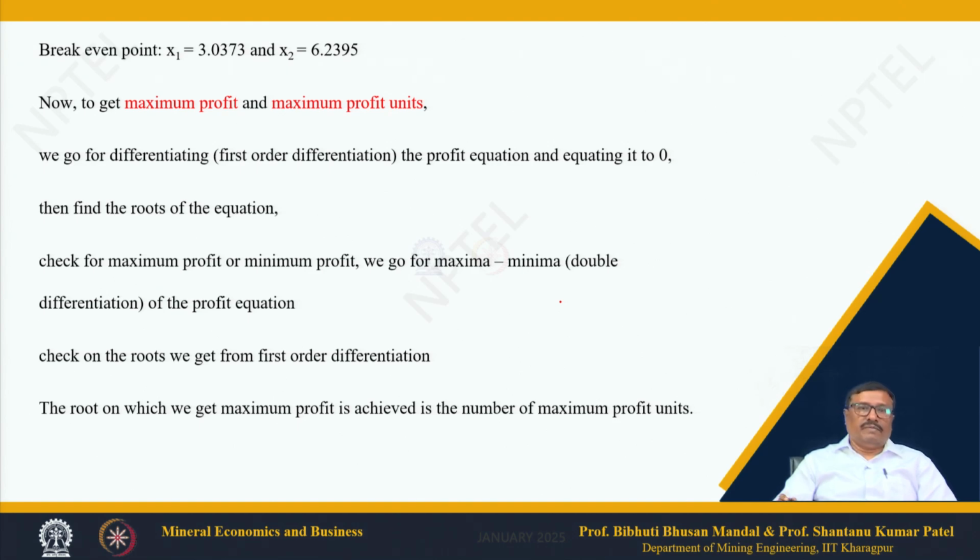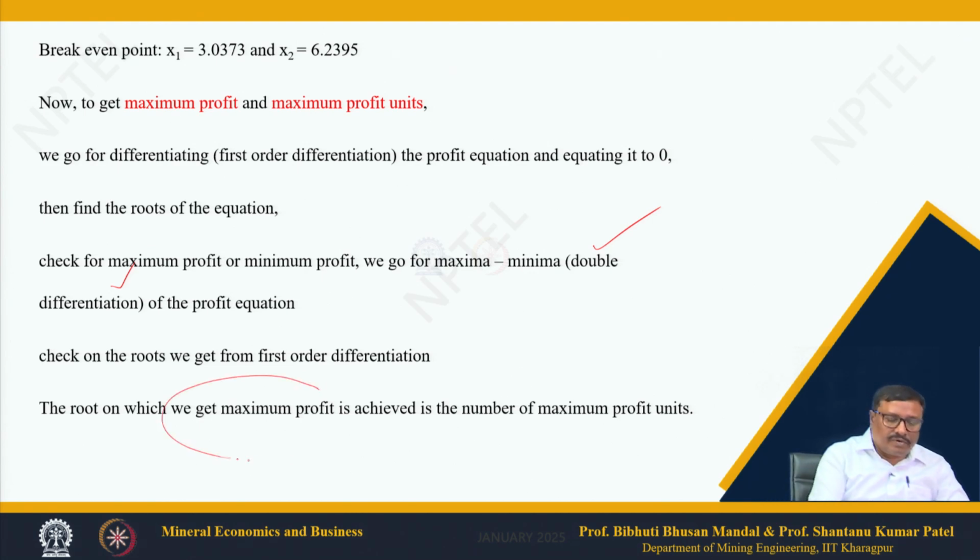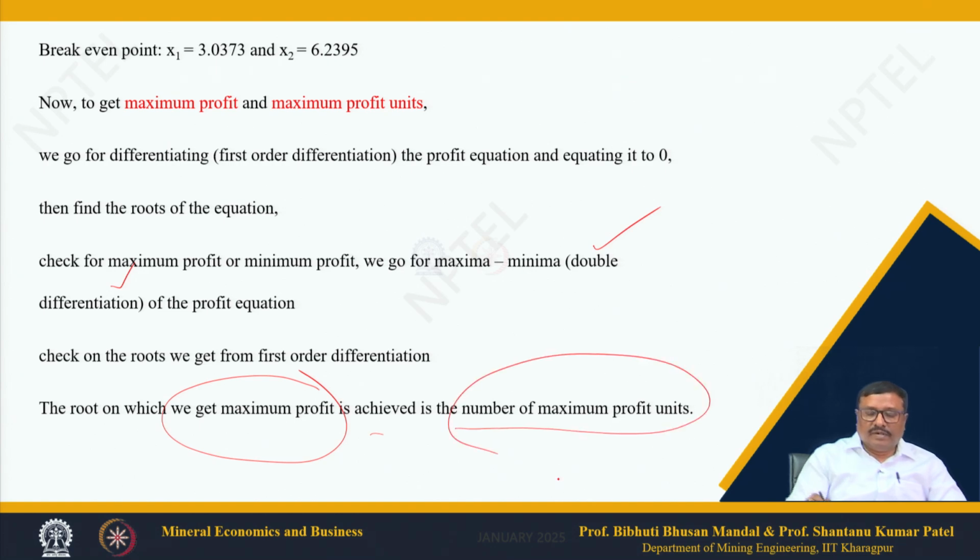We go for maxima minima, the double differentiation, to see the slopes of the profit equation. So, we have the profit equation, then we go for a further differentiation. We check the roots we get from the first order differentiation. The root at which we get the maximum profit shows the number of maximum profit units. So, we have to differentiate once again. Let us see one by one.